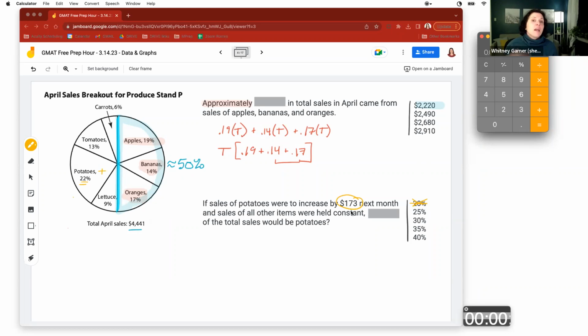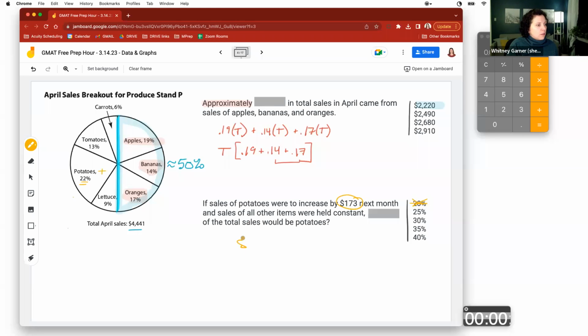But adding $173 is really only changing even our current number by a little less than 4%. So 173 divided by 4441 is going to be a little bit less than that, probably around 3.5%, something like that.